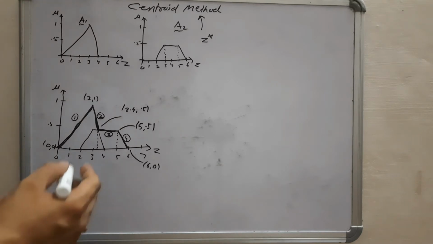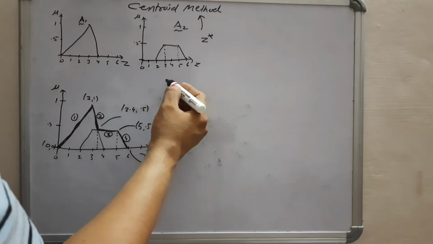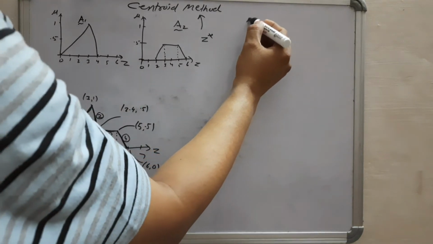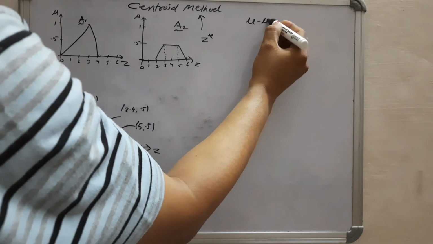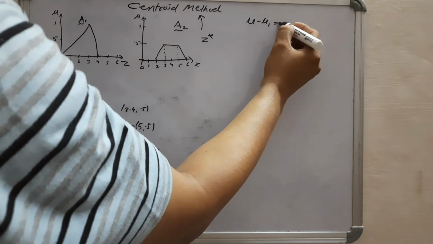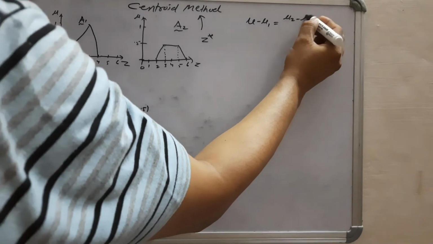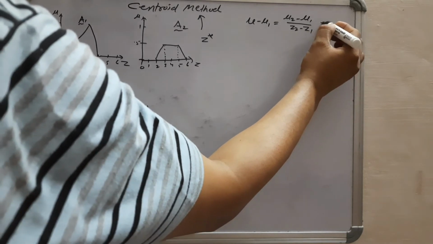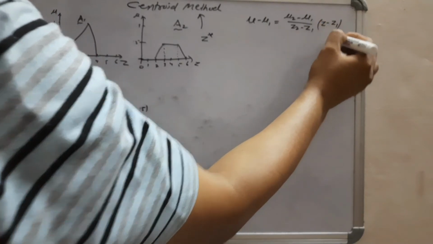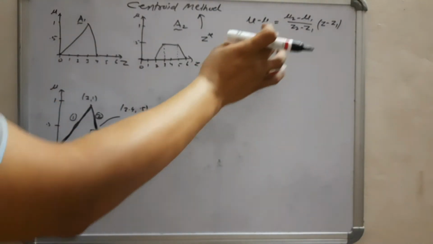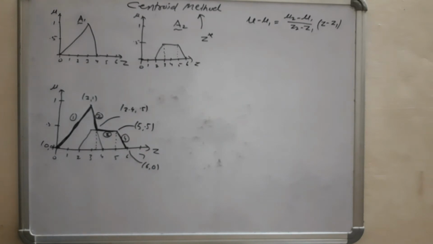The line equation can be written, where z is on the horizontal axis and mu is on the vertical axis, by this formula: mu minus mu1 equals (mu2 minus mu1) upon (z2 minus z1) times (z minus z1). We have obtained all the coordinates, so by using this formula we have to write the line equations.